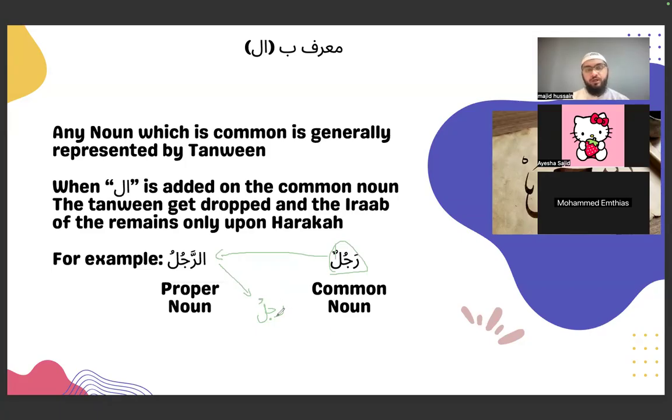And before ra, I will add alif lam. Now it has become a proper noun, and the translation here will be the man. This is the rule of converting a common noun to a proper noun, and then we call that noun mu'arraf bi alif lam, the man.